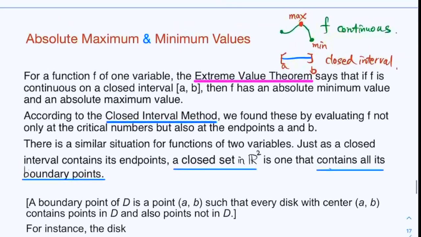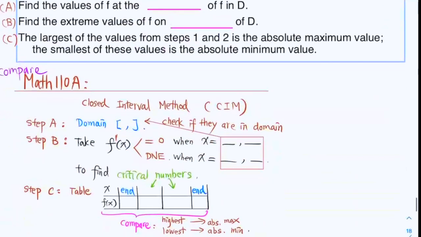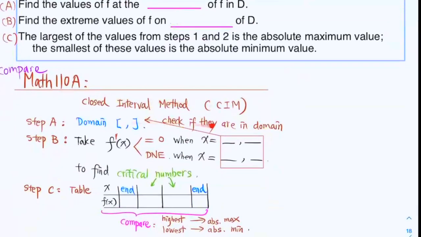And at that time, we also did the closed interval method. Do you guys remember the closed interval method? This is the Math 110A closed interval method that I taught. At that time, I told the students to always think about the domain first. If it's a closed interval, then you think of the closed interval method.